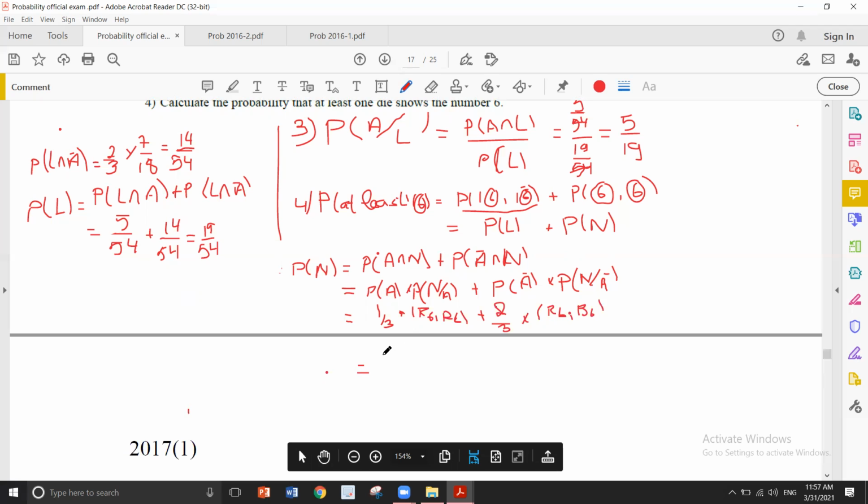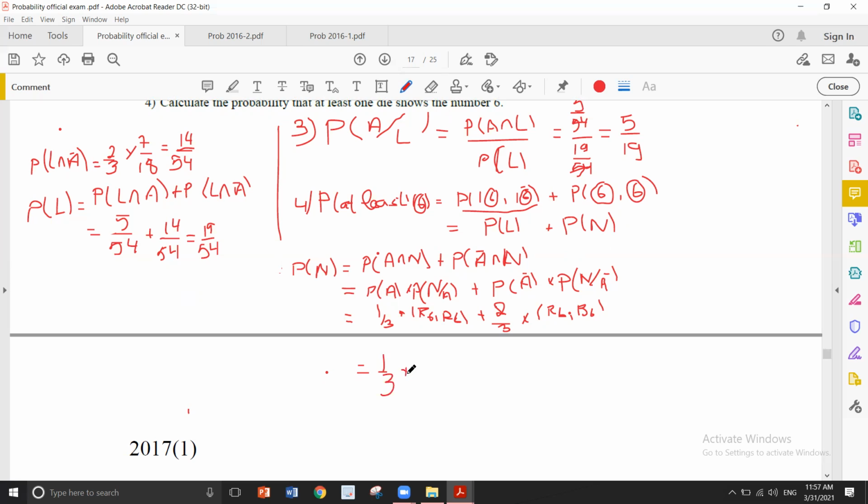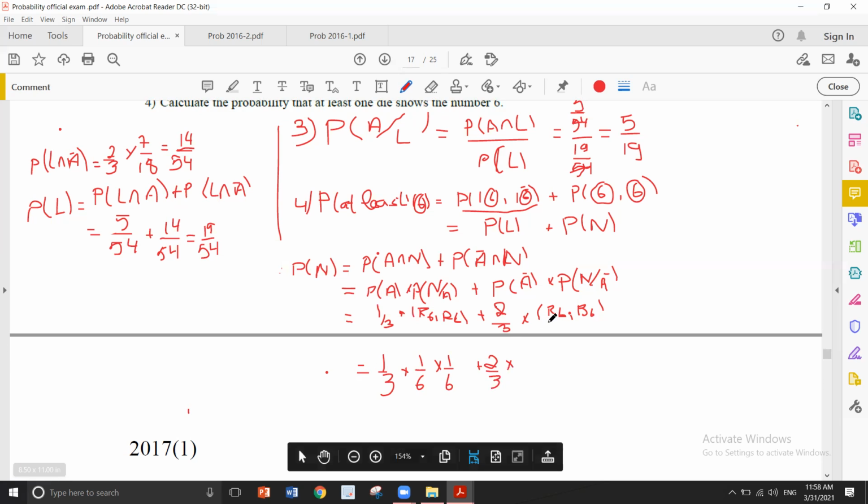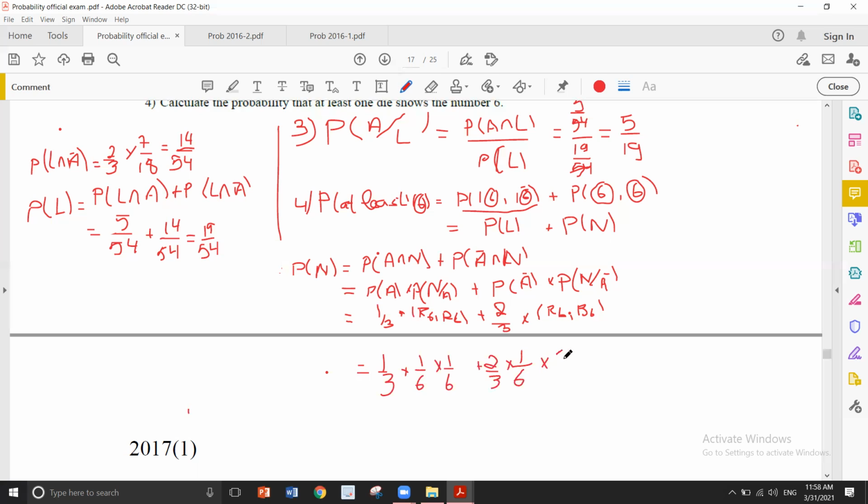It equals 1/3 times the first red die gives 6, 1/6, times 1/6, plus 2/3 times the red die gives 6, which is 1/6, and the black die gives 6, which is 2/6.